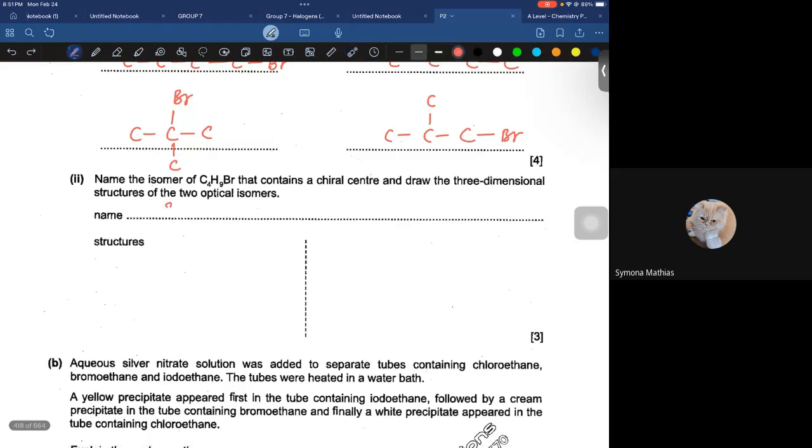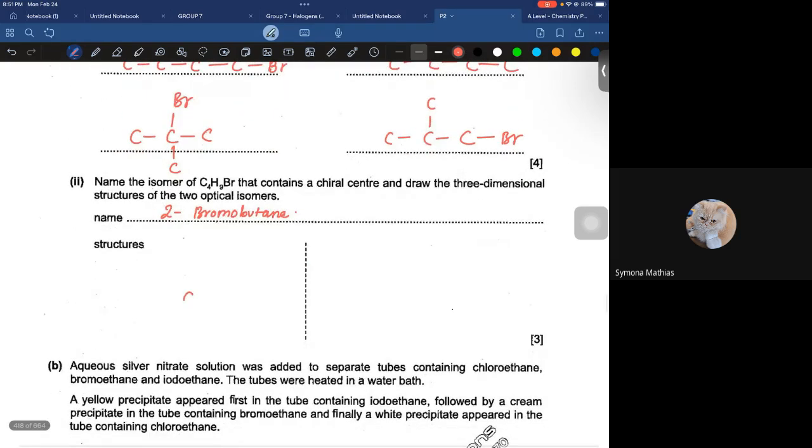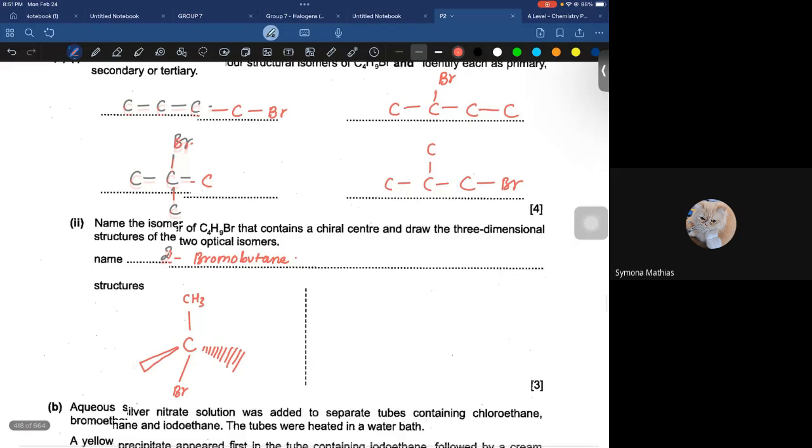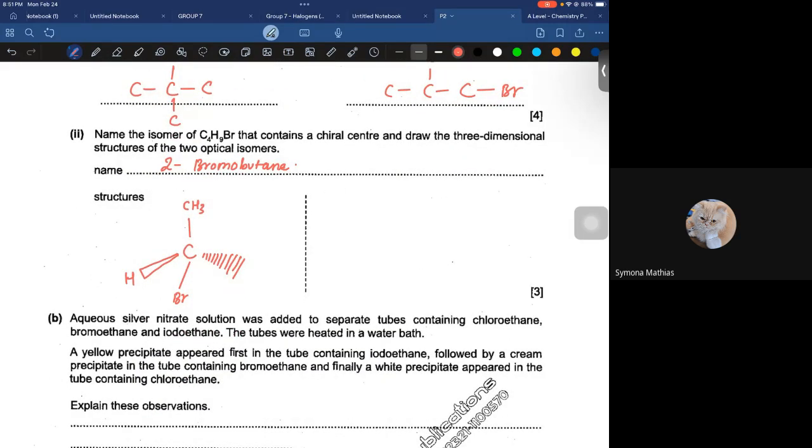So this is 2-bromobutane, and the structure would be something like this. This is bromine, H, and this.